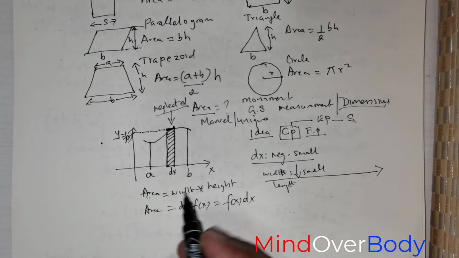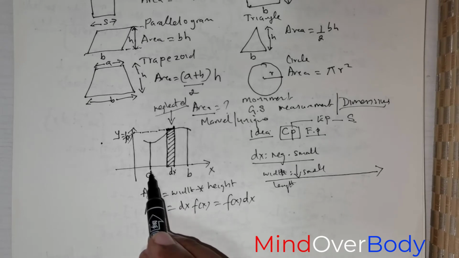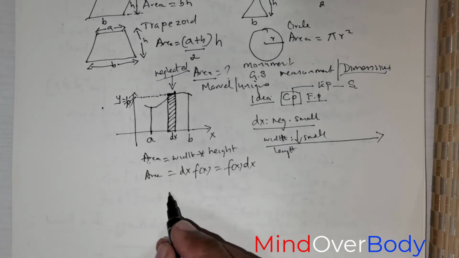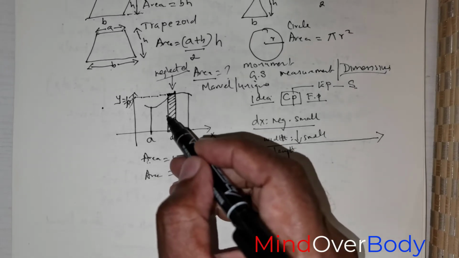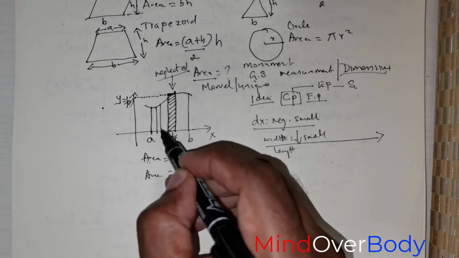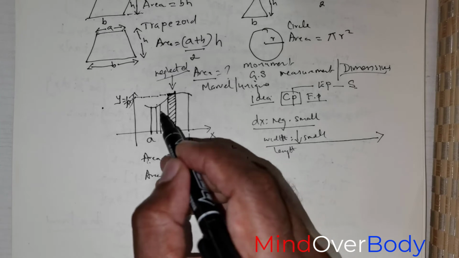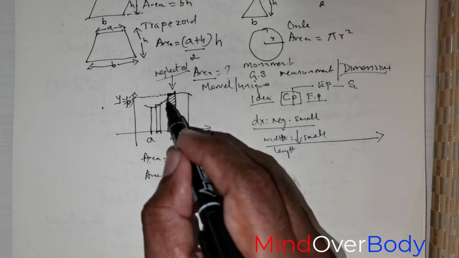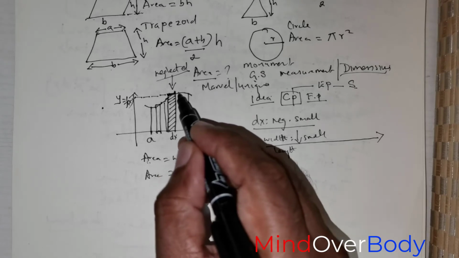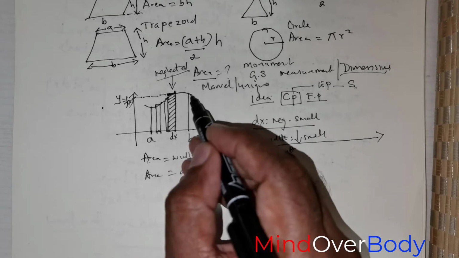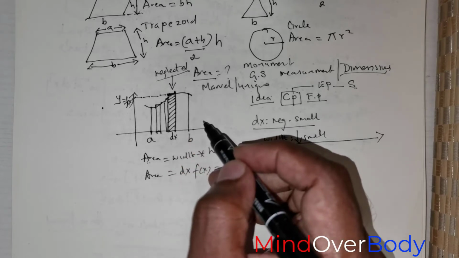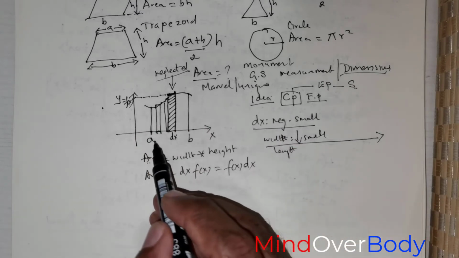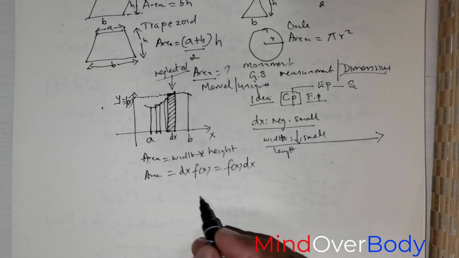So this is the area, but apparently the required area is from point A to point B. So to get that required area from point A to point B, what they did is divide all the regions below this particular curve into rectangular strips. So you got a rectangular strip like this, and then this is a rectangular strip, and then this is a rectangular strip. So the division went on all the way until they reached the final end. So you got multiple strips, and you're expected to find the area of the region from A to B. So how are we going to represent it?